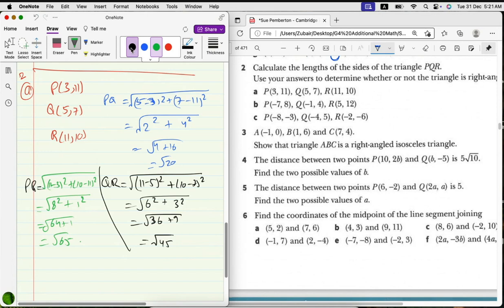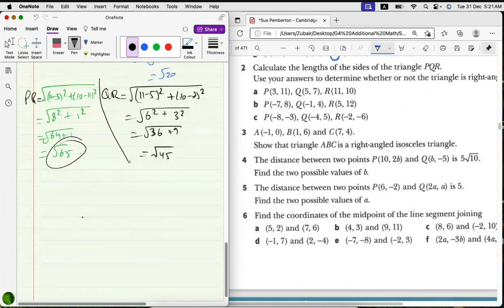Now, without solving, I can see that this is the largest side. So if it is a right angle triangle, hypotenuse square equals base square plus perpendicular square. If it is, it should follow this equation and give left hand side equals right hand side.